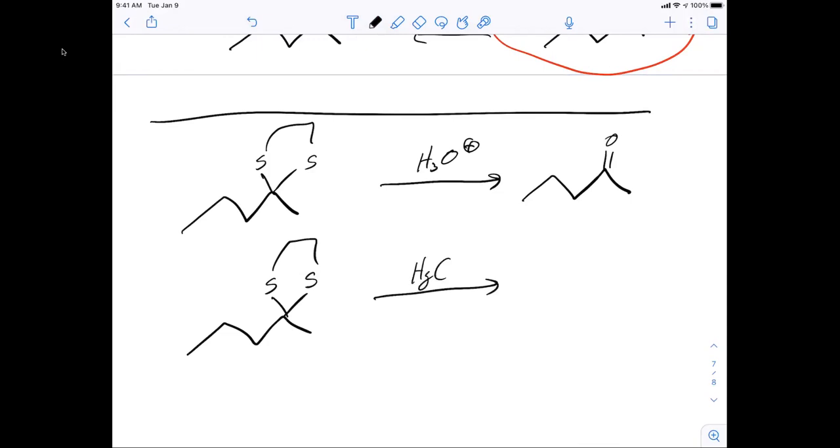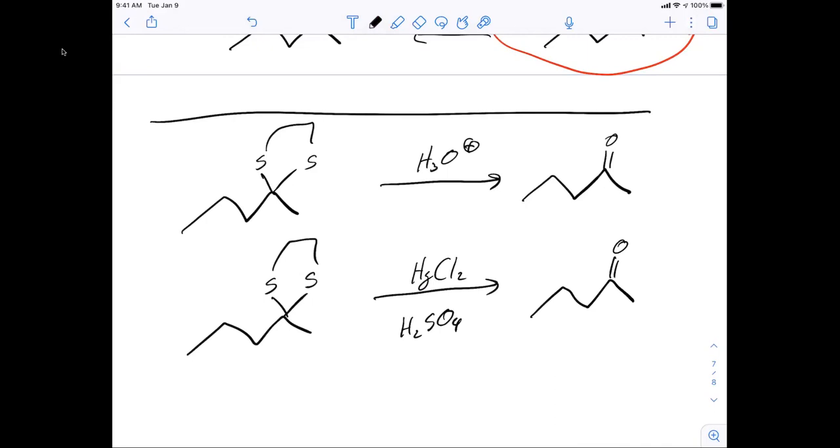But there's also a couple of other reagents, one of them being mercury chloride. Mercury reacts with sulfur readily.